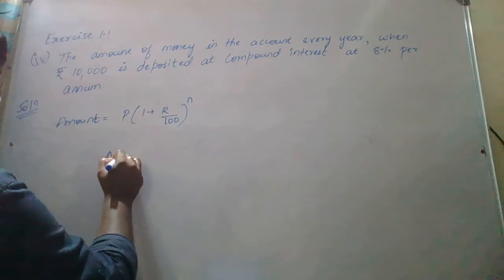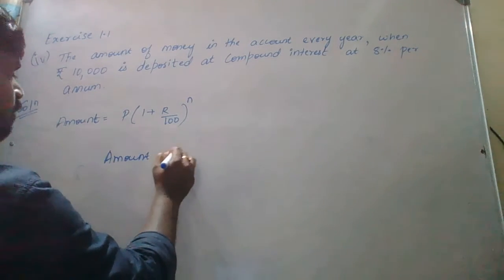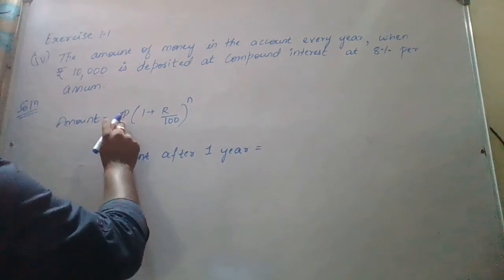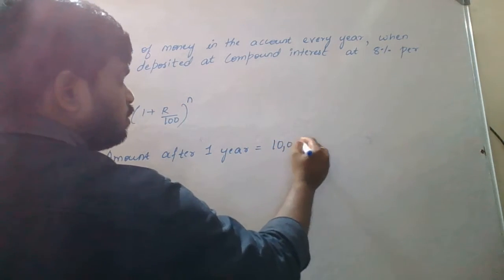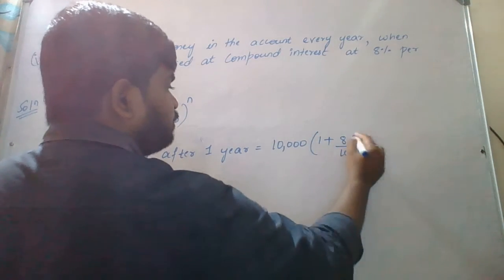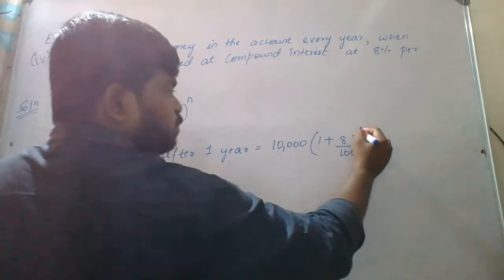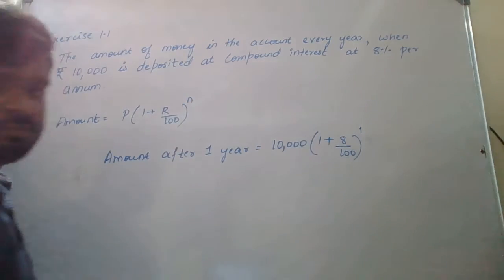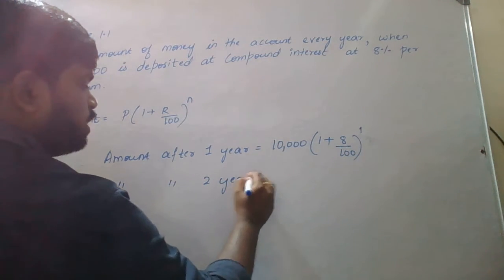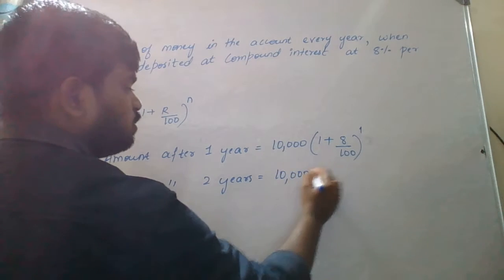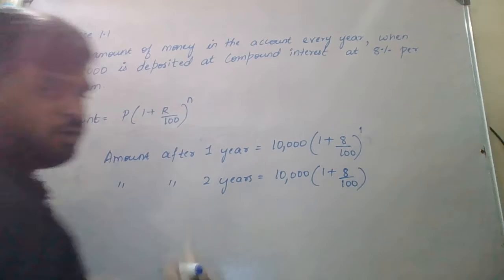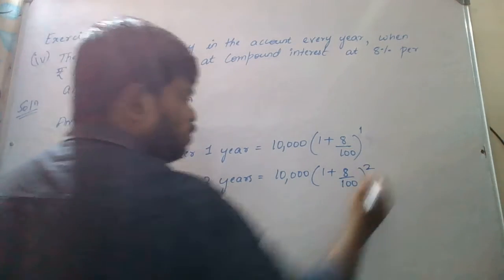Therefore the amount after 1 year will be equal to 10,000 into 1 plus 8 by 100, with n as 1. Similarly, the amount after 2 years will be equal to 10,000 into 1 plus 8 by 100 whole power 2, where the value of n is 2.